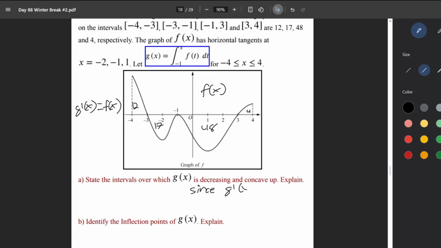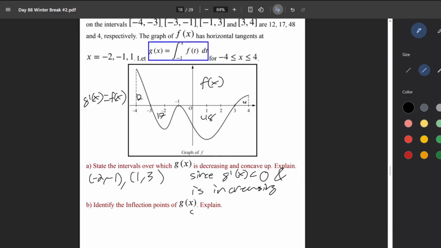Since g dash of x is less than 0 and is increasing, so we have to look for less than 0 and increasing. So I see -2 to -1, then 1 to 3.